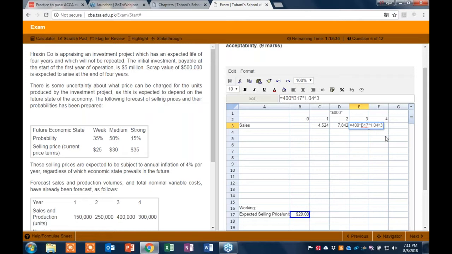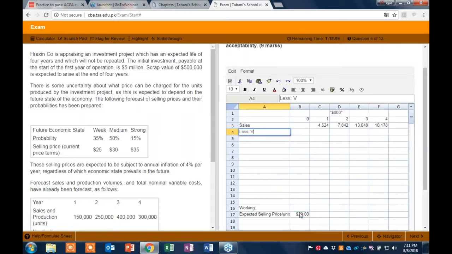And for the last year, the sales volume will be 300 into 29 into 1.04 raised to the power 4. So here we go. We've got the inflated sales figures.